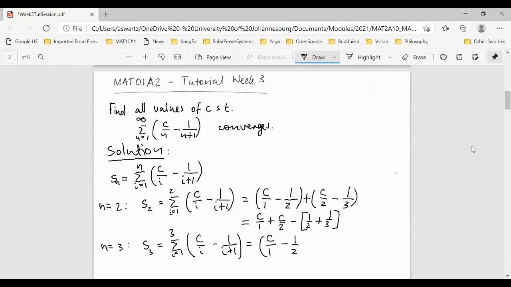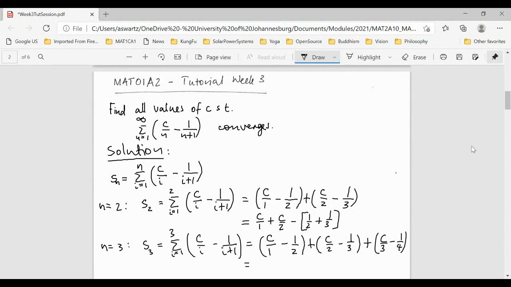Yes, because when i is 1, that second term still gives me a half. Plus C divided by 2 minus a third. Okay, so that stays the same. Plus the next one is going to be C divided by 3 minus 1 over 4. We can see the pattern already.